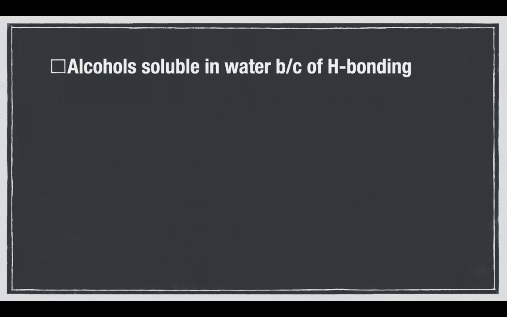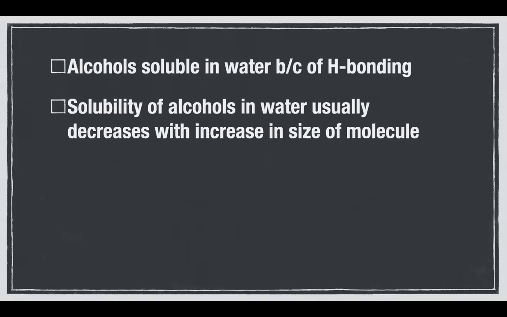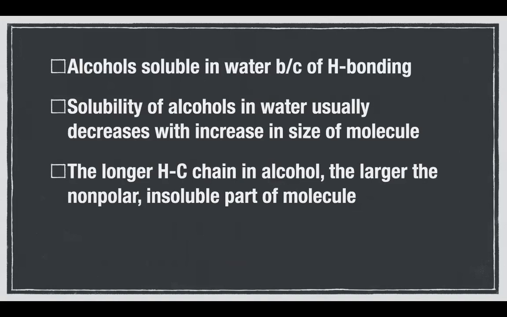And another property of alcohols, because they are polar, they will dissolve in water. But the solubility is going to decrease as the size of the molecule increases, because as the size of the alcohol increases, the non-polar hydrocarbon parts are going to get bigger.